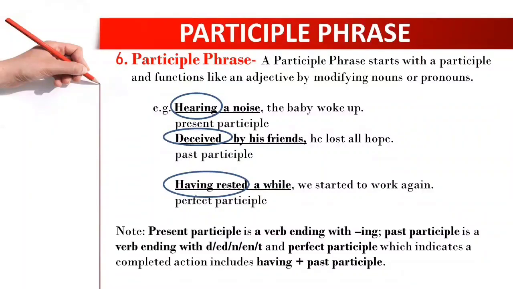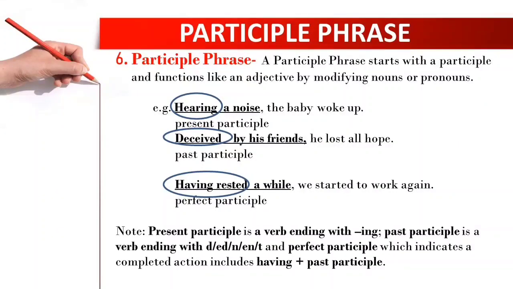Deceived by his friends, he lost all hope. Here, deceived by his friends is a participle phrase which consists of the past participle deceived. Having rested a while, we started to work again. Here, having rested a while is a participle phrase which consists of the perfect participle having rested.